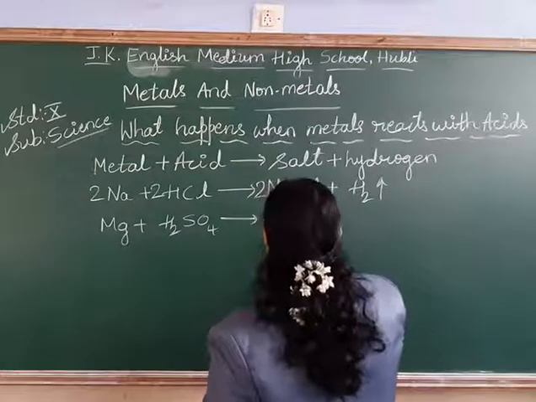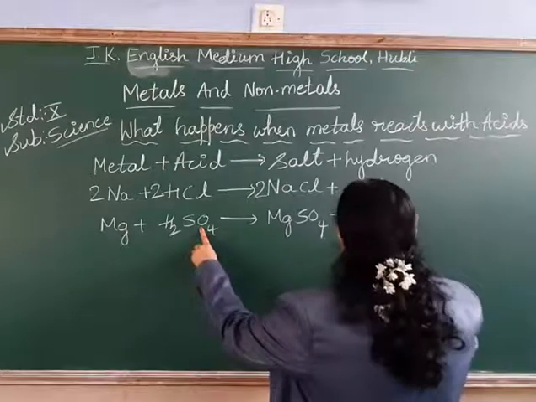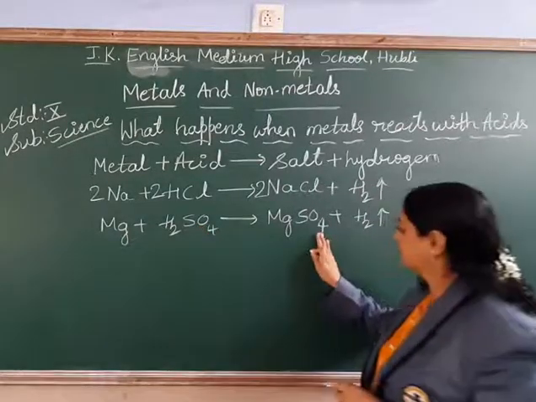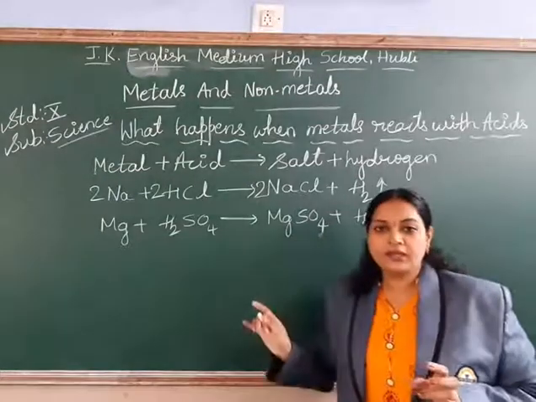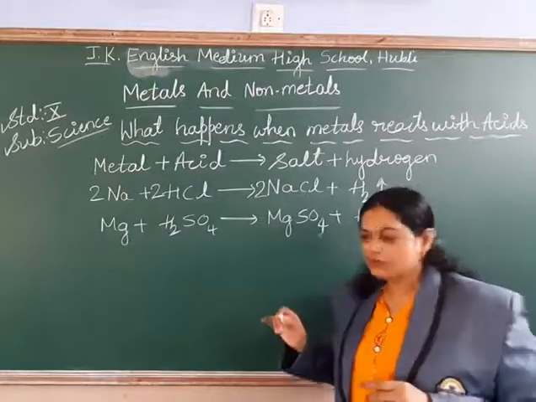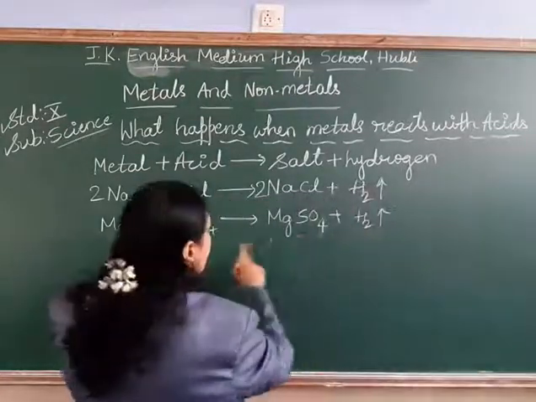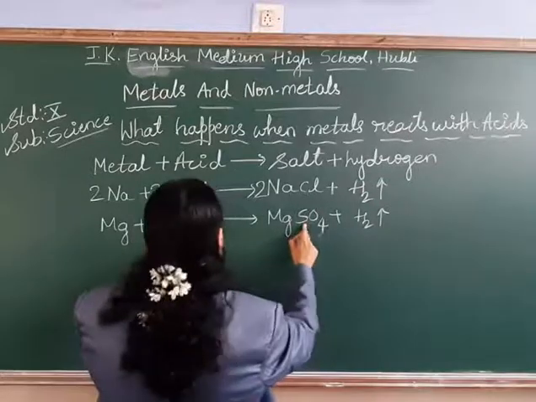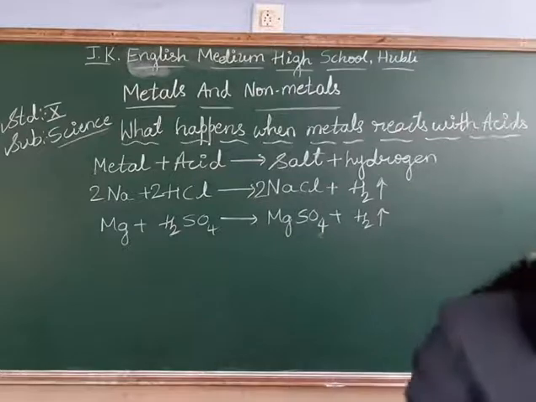Magnesium sulfate, MgSO4, with the liberation of hydrogen gas. As I told you, whenever you write chemical equations, don't forget to balance them. Hydrogen 2, hydrogen 2, sulfur 1, magnesium 1. Yes, the equation itself is balanced.